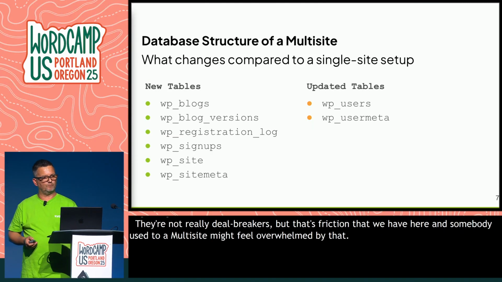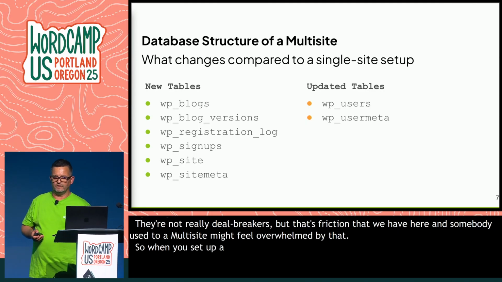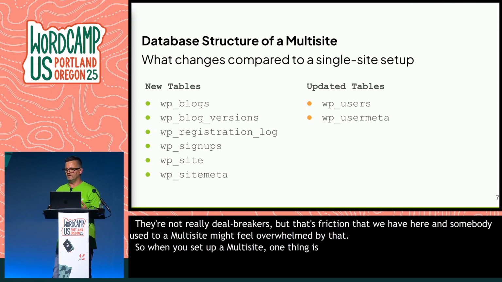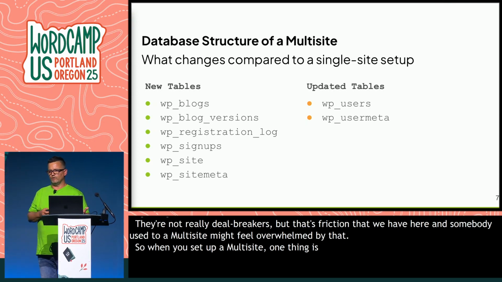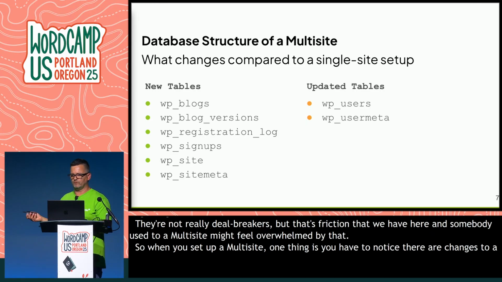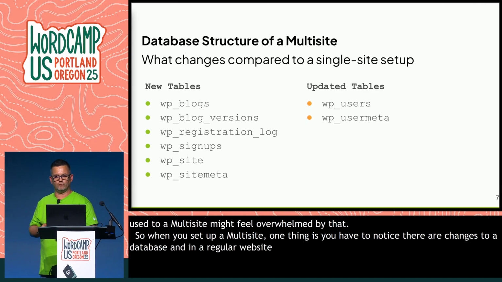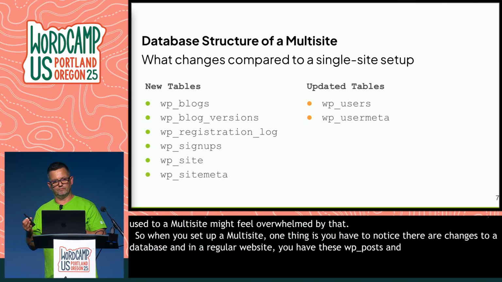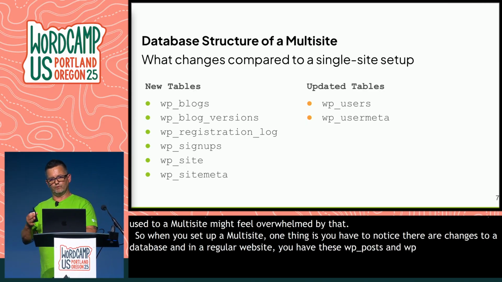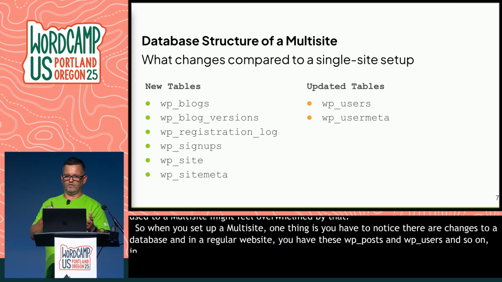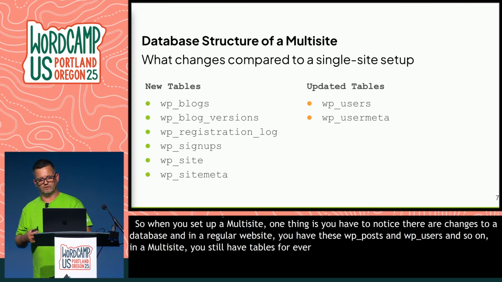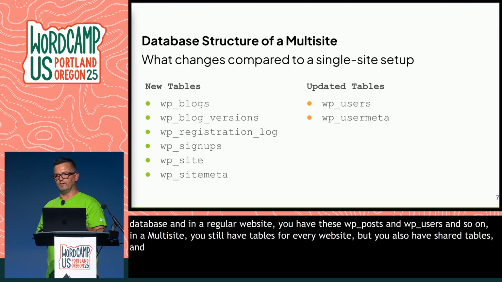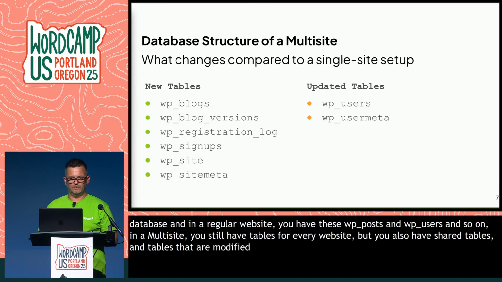So when you set up a multi-site, one thing is you have to understand that it changes the database. In a regular website, you have these WP posts and WP users and so on. In a multi-site, you have still these tables for every website, but you have also shared tables and tables that are modified by the installation itself.